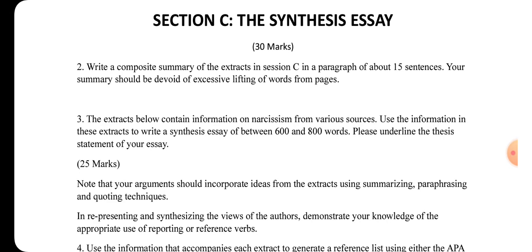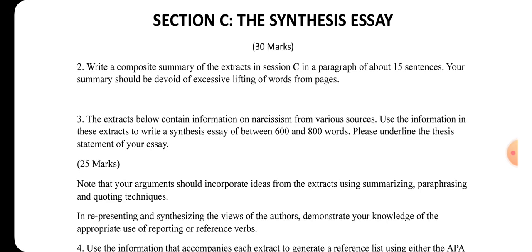So let's get started. It says: write a composite summary of the extract in Section C in a paragraph of about 15 sentences. Your summary should be devoid of excessive lifting of words from the passage.